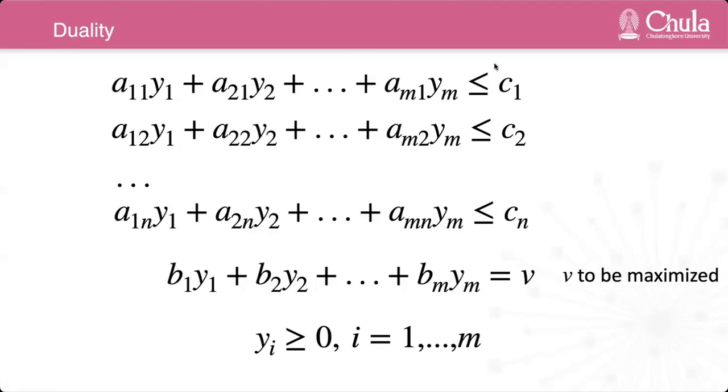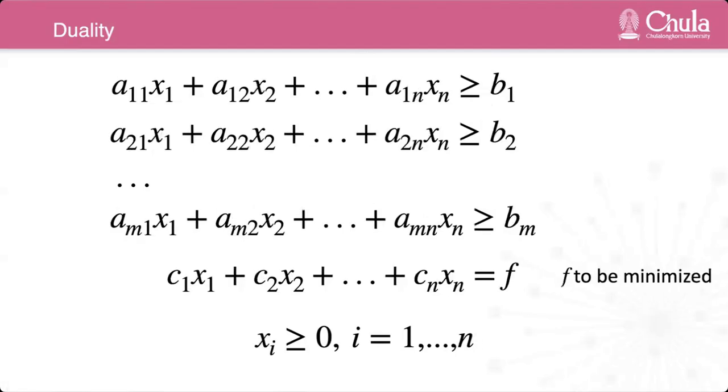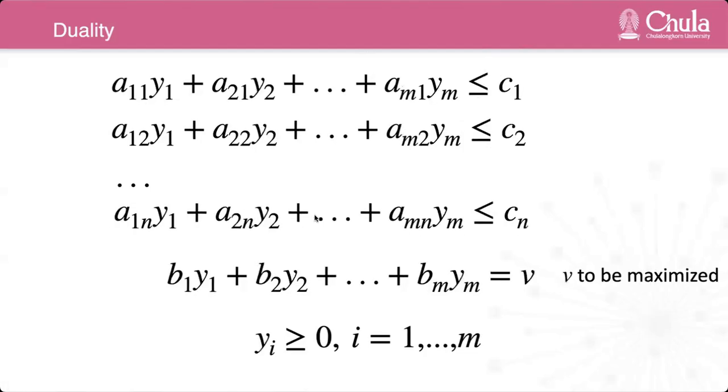And you see the constants at the right-hand side, C1, C2, Cn, in this problem are the coefficients of the objective function in the original problem. And the right-hand side constants in the original problem are the coefficients of the objective function of the duality.